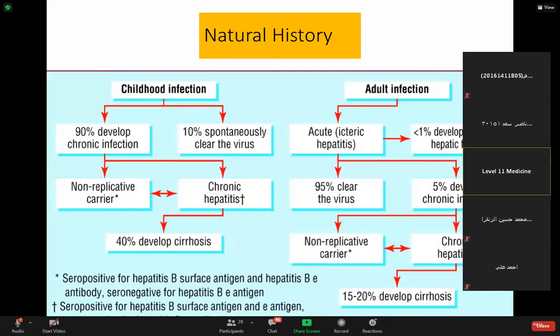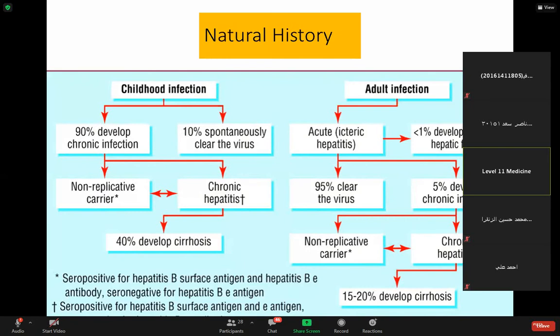This is the natural history, and you can see there is a difference between those contracting the disease during childhood compared to those contracting it during adulthood. Okay? Focus with me. That might actually be important here. When you get the infection during childhood, 90% will develop chronic infection.